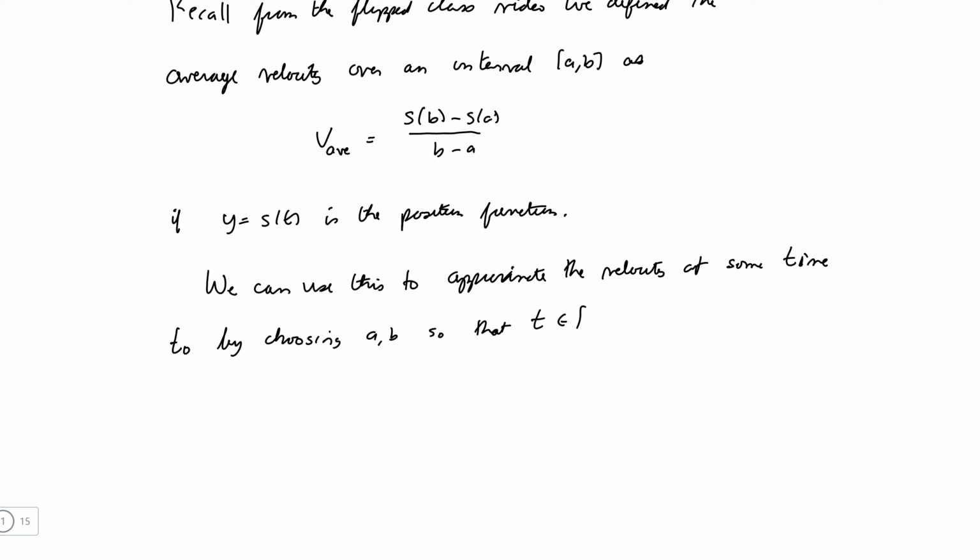We could write this as t is in the interval ab, which is the same as saying a is less than or equal to t is less than or equal to b. Let's say t0 here. And if a and b are close together, this will be a better approximation. So the closer a is to b, the better the approximation.